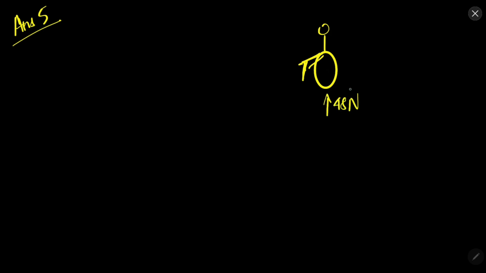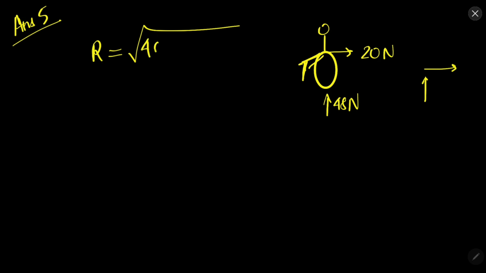So the normal force is 48 Newton and it is slipping like this, so the friction will be opposite to it. So friction will be here, which will be 20 Newton. So these two forces are like this. So you can find the resultant using simple vector formula of resultant, 48 square plus 20 whole square.